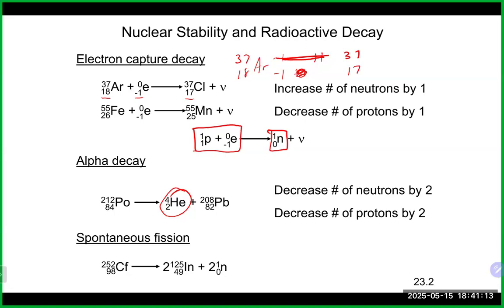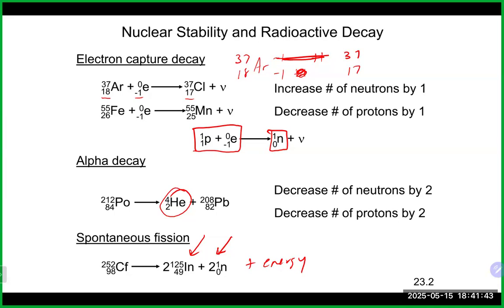Now, fission is the process where an unstable nucleus will basically break apart into 2 new nuclei, and usually will release some neutrons. And also, by the way, a good amount of energy is going to probably come off in that process as well. Now, fission reactions can be spontaneous, like this one here, which means it will just spontaneously go through that process.